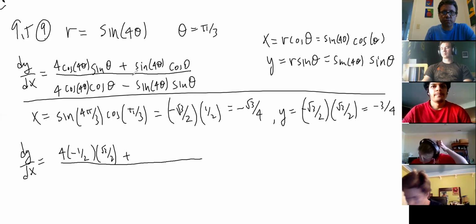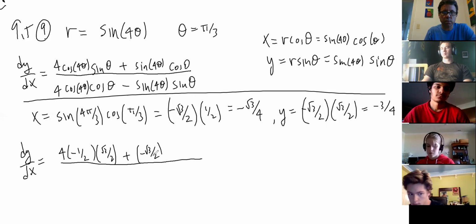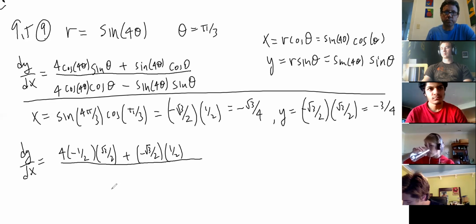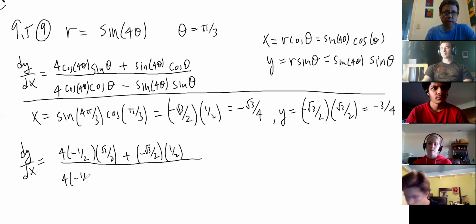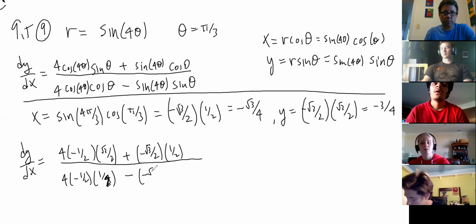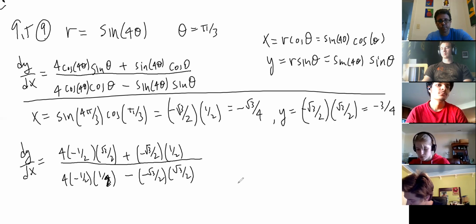Sine of 4 pi over 3, I got that in here, so that's negative square root 3 over 2. Cosine is a half. And I think I got all the parts to put down here. So this is 4 times negative a half, times a half, minus negative square root 3 over 2, times square root 3 over 2. Whee, that looks like fun.